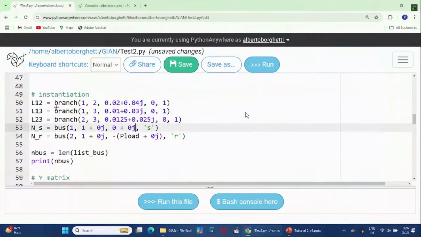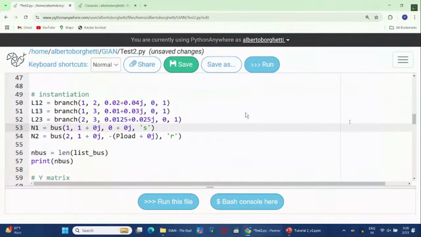Now the bus. So here it is not receiving or sending, so I will put just N1, N2, and then N3. The bus 1, the first element, it is the power. I do apologize, the voltage.